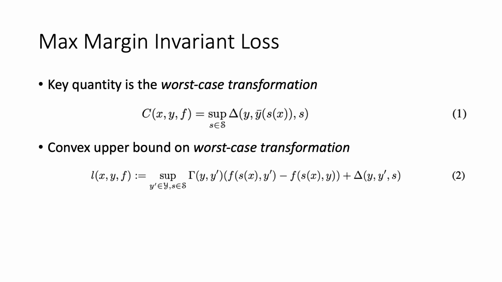This quantity is the worst case transformation that we could possibly find. So we want to search over the whole space of transformations. What is the transformation, when we apply the transformation to X, which transformation is the hardest to classify for our classifier?